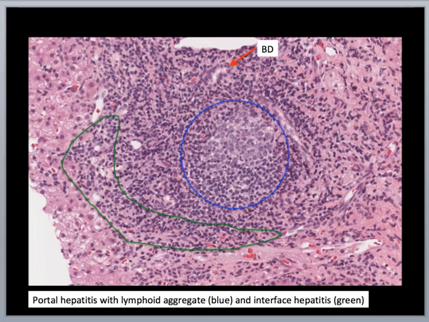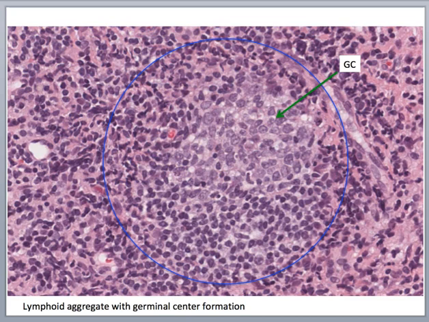This also shows a couple of the other features of chronic hepatitis, a pretty intense lymphoplasmacytic infiltrate in the portal area, and then the green area shows the interface hepatitis that's adjacent to the portal area and extending into the adjacent lobule.